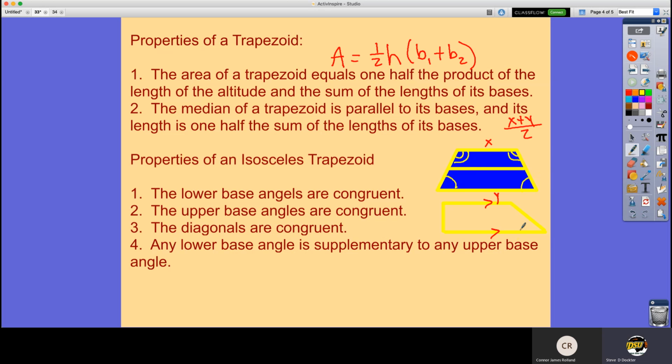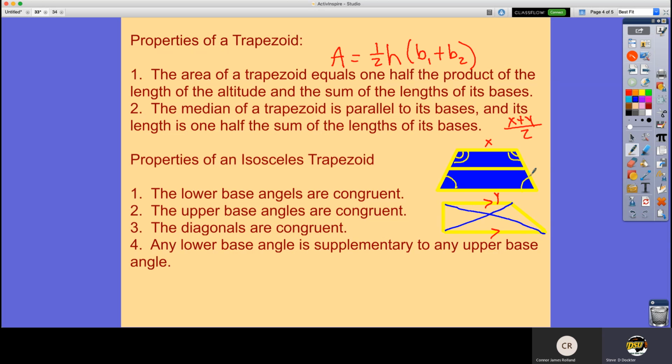Now, one reason why I drew this one down here was if I drew in the diagonals for this one, that and that, this one is much longer than my first one that I drew in. So these four rules here only work when we have an isosceles trapezoid, and that just means that our side lengths are exactly the same here.